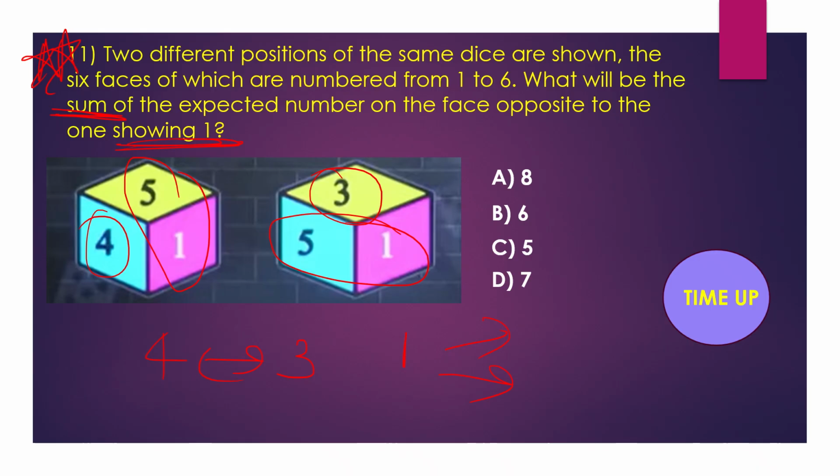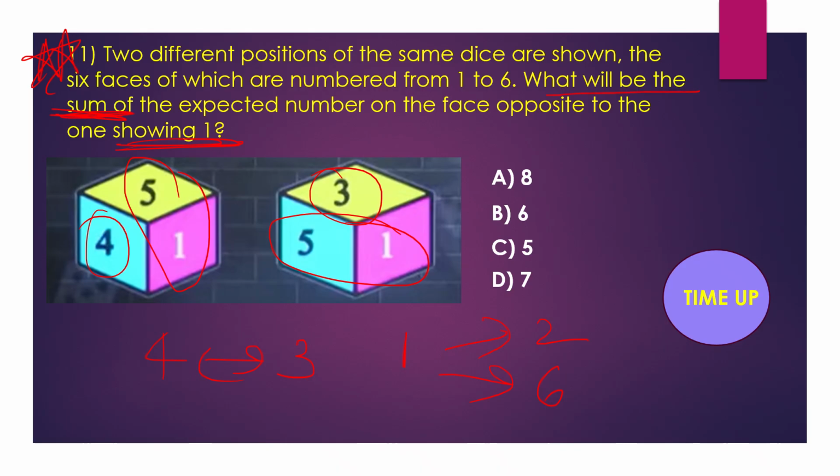So what numbers are left? 2 and 6 are left. Now, if they would have asked directly what is the opposite of 1, then either the answer will be 6 or the answer can be 2. We can't say. But what they have asked in the question is what will be the sum?